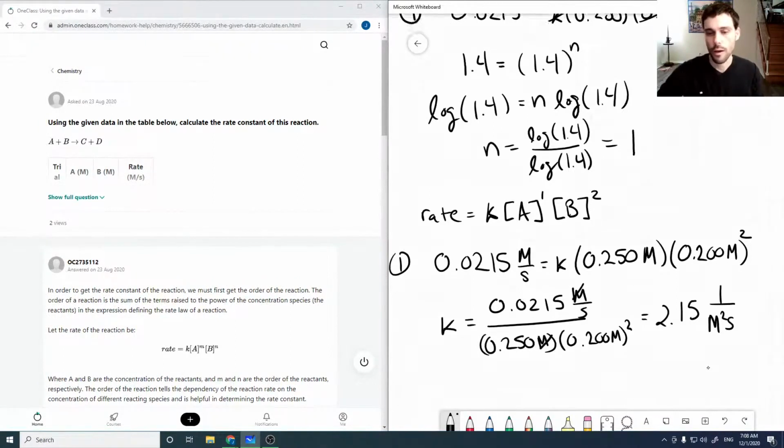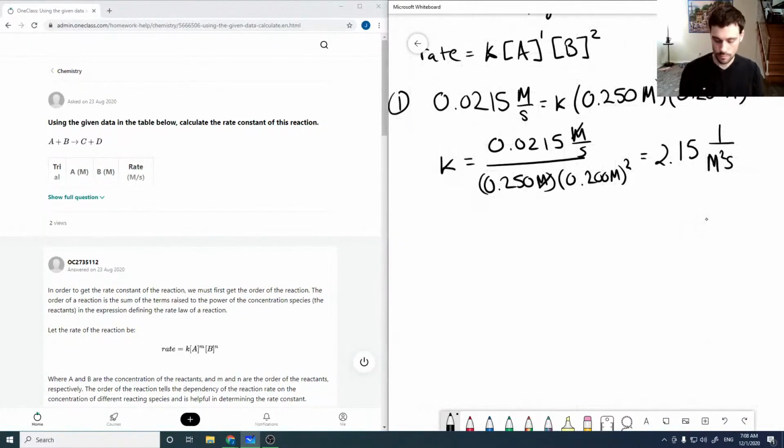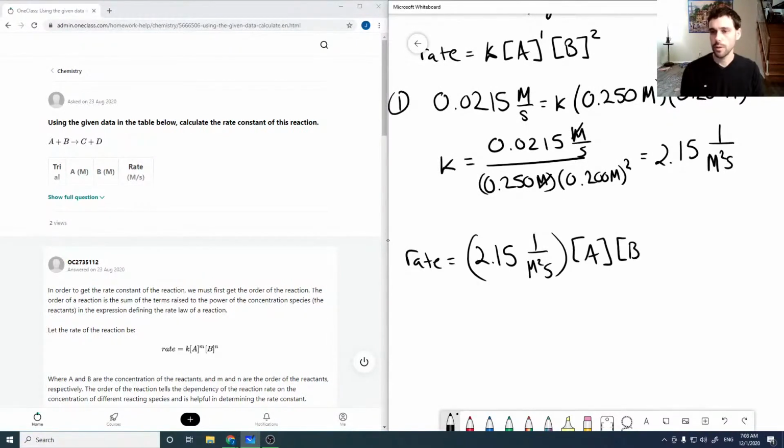And so now we've got our full rate expression. So the rate is 2.15, 1 over molar squared second, concentration of A, concentration of B squared. And that's our full rate expression.